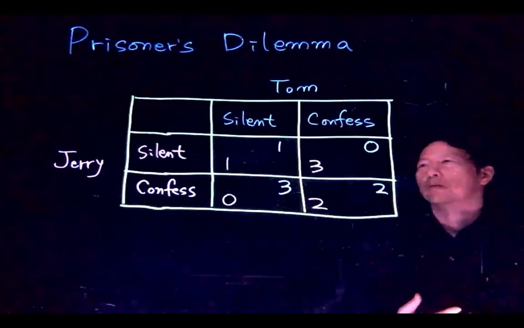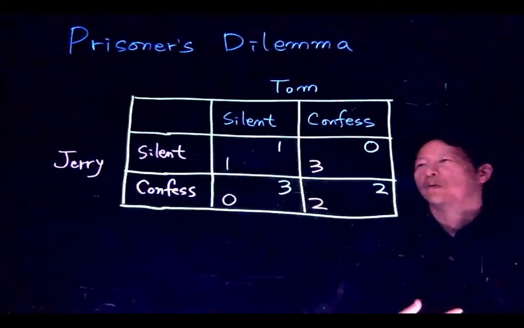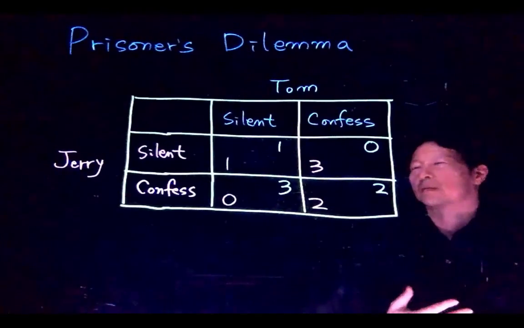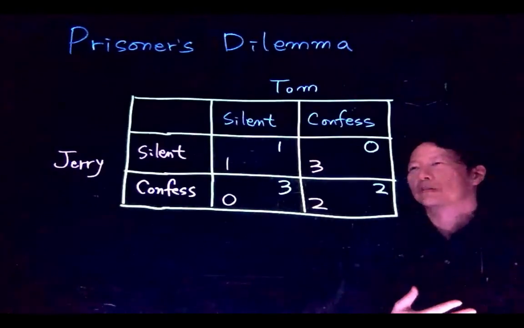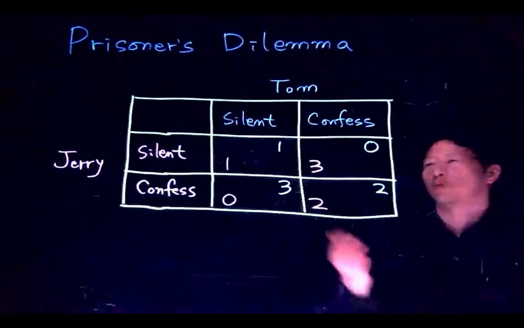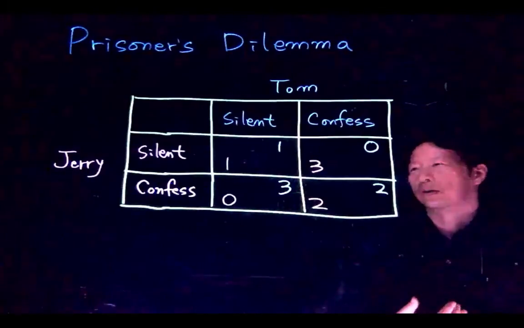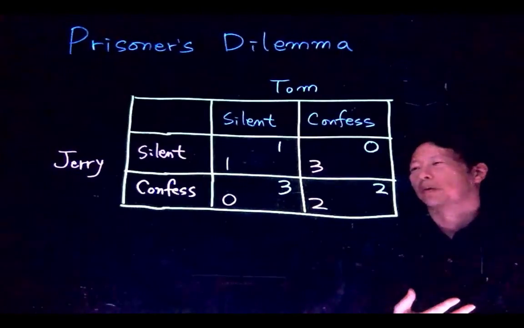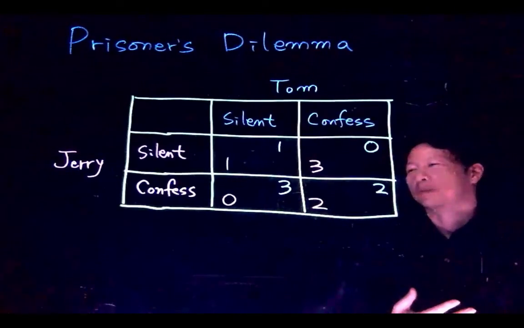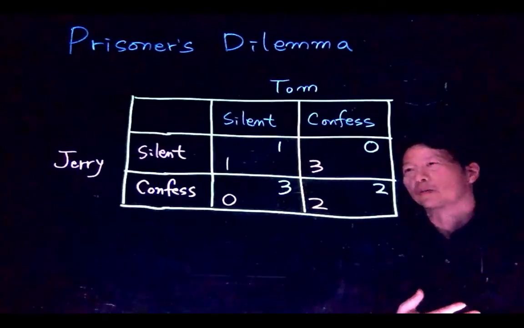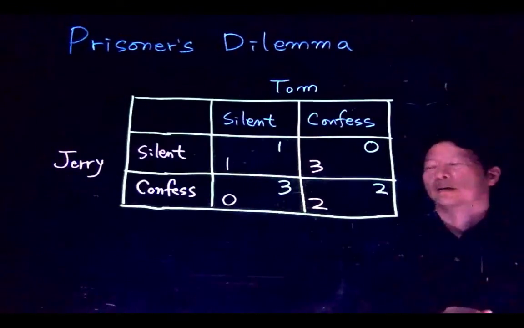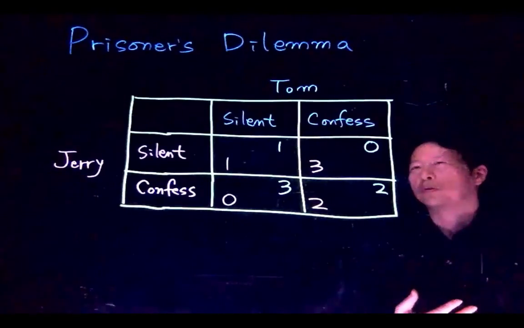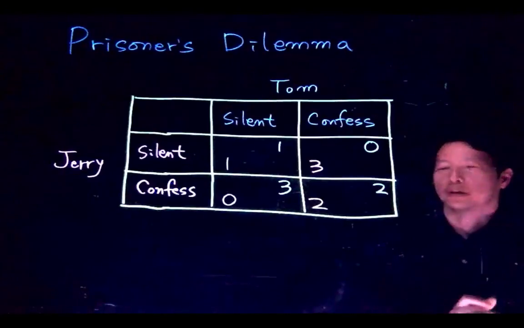If both of them keep silent, because the police don't have strong evidence about the big crime, they will spend 1 year each in jail. But if one of them confesses, the confessing criminal will be set free, and the other one will stay in jail 3 years. And if both of them confess, then they will stay in jail 2 years each.